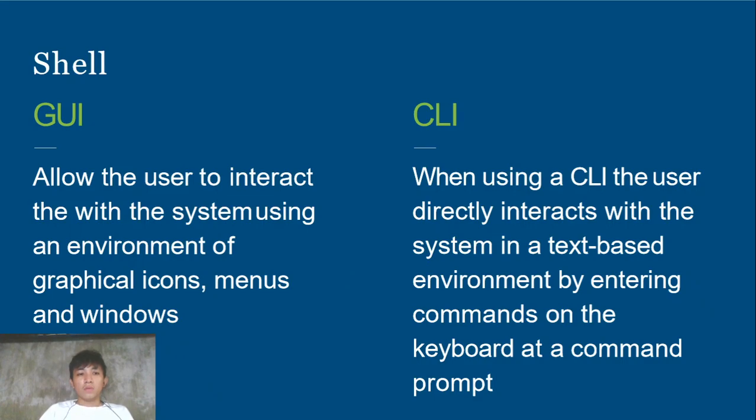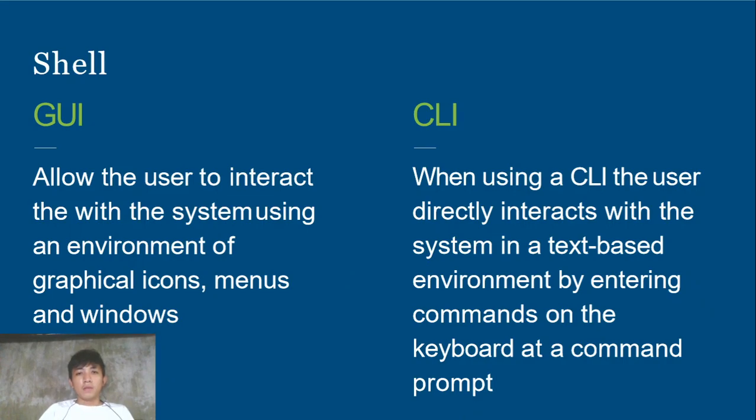So it allows you to interact with the shell easily. Unlike the GUI, when using the command line interface, or CLI, the user directly interacts with the system in a text-based environment by entering commands on the keyboard at a command prompt.